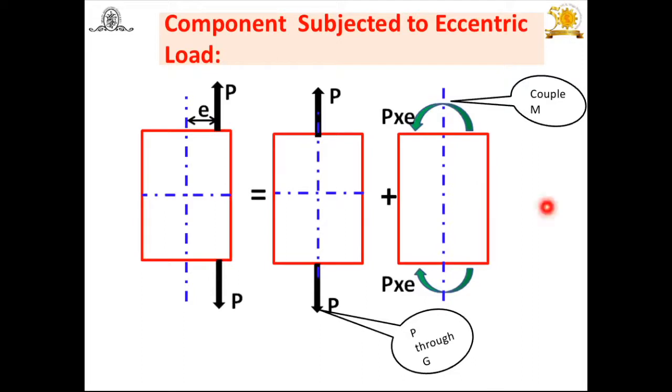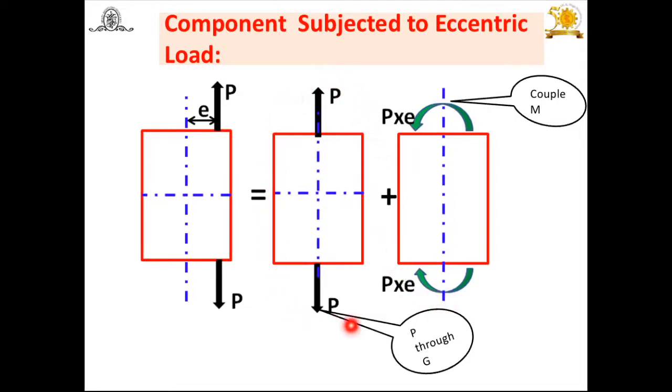These stresses we also have to find out. Now look at this. That's why I have separately constructed this diagram. Here the line of action of P is not passing through the centroid, and by using the principle of statics we have shown the line of action of P through G along with the couple P into e.